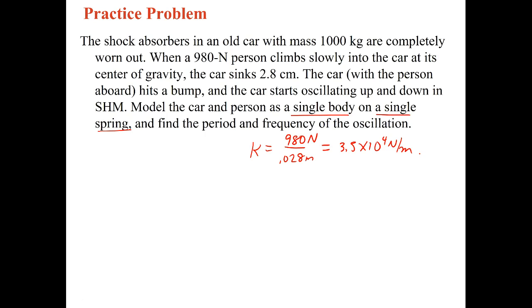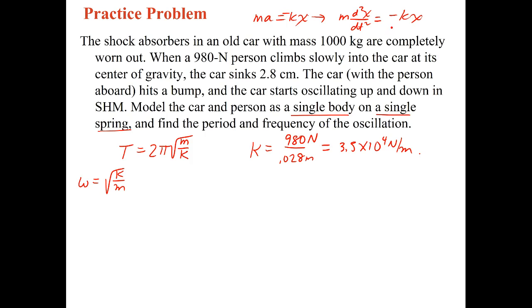From this, we can get the period of oscillation, which is 2 pi root m over k. Now how did I get that? Well, I've memorized that omega is root k over m. You don't have to memorize that. You can go back to ma equals kx, and then m d squared x dt squared is equal to, well, there's a negative sign, negative kx.